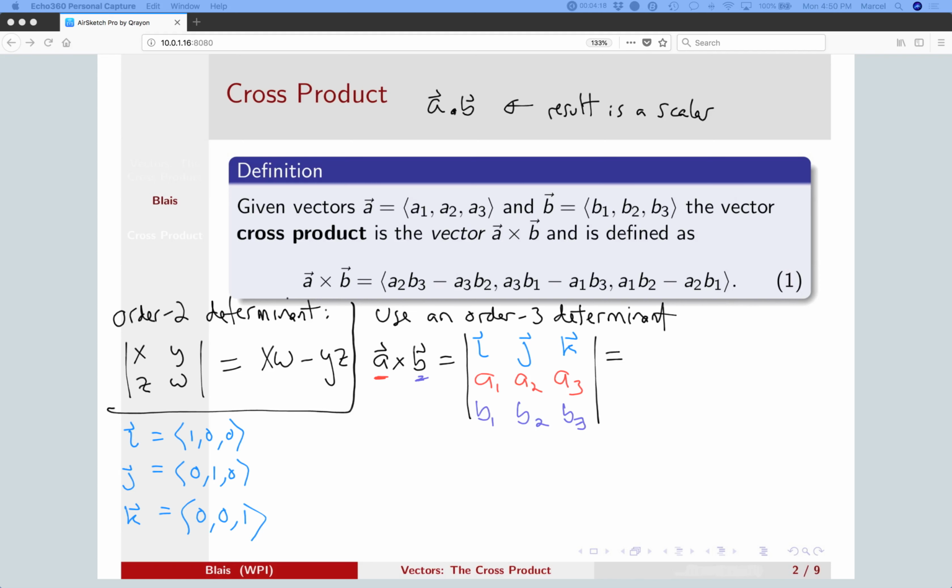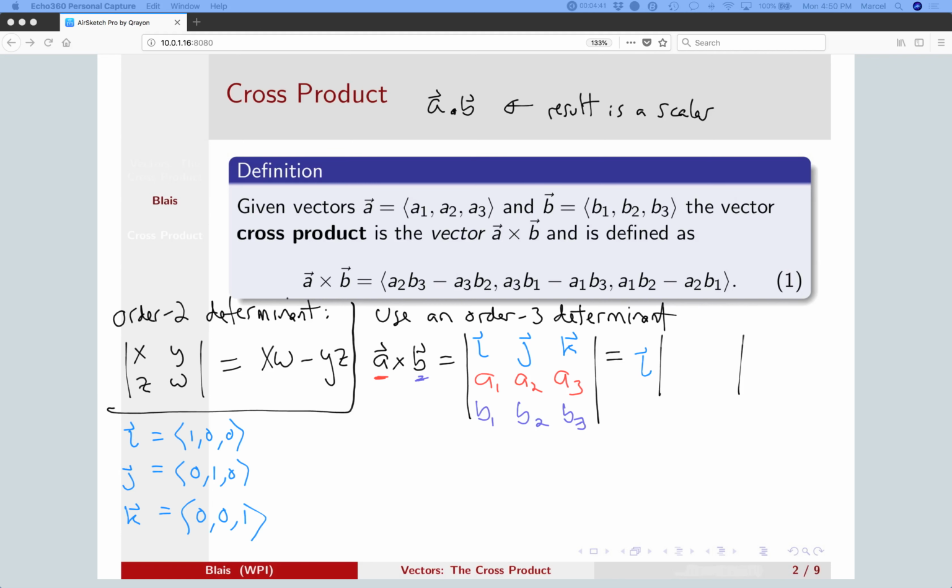This is going to be equal to the sum of 3 of these 2 by 2 determinants. And the way you set that up is for the first determinant, we're going to use the top row. So we're going to have an I, and that's multiplied by a 2 by 2.